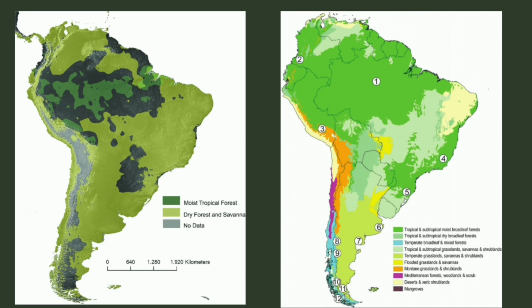Napud tayo more so light green or white, classified as tropical and subtropical grassland, savanna, and shrublands. Am I right or wrong? So the yellow part is the flooded grasslands and savannas. So yeah, mao lang ni siya ang data or the map that I will be presenting to you.